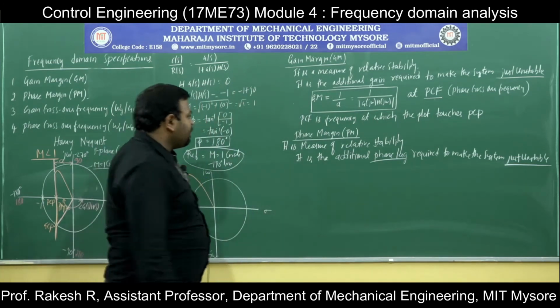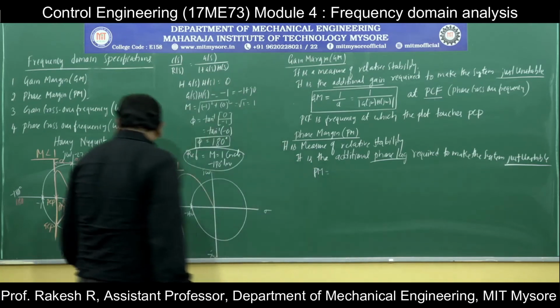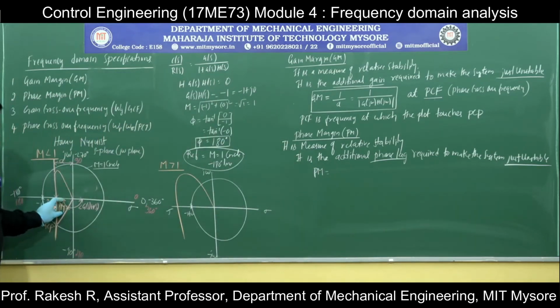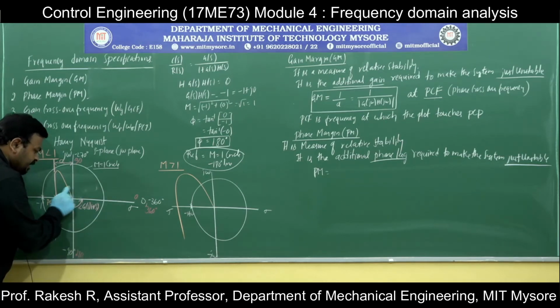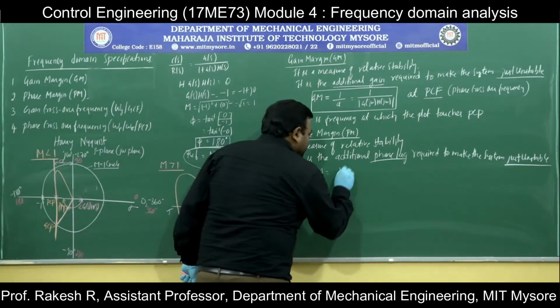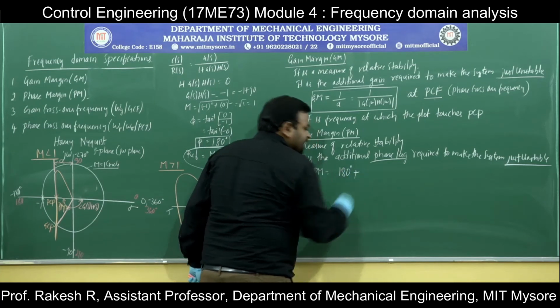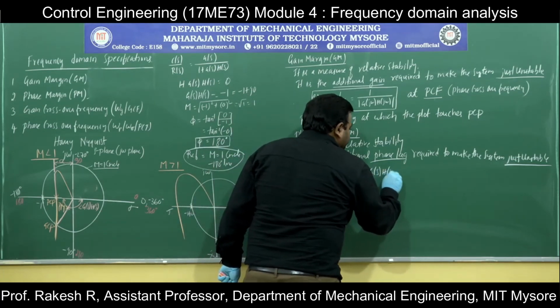Let us calculate the phase margin. How to calculate phase margin? I know the angle of the open loop transfer function, and this line I need to know. What is this line? 180 degrees, a straight line. So phase margin will be equal to 180 degrees plus the angle of the open loop transfer function.